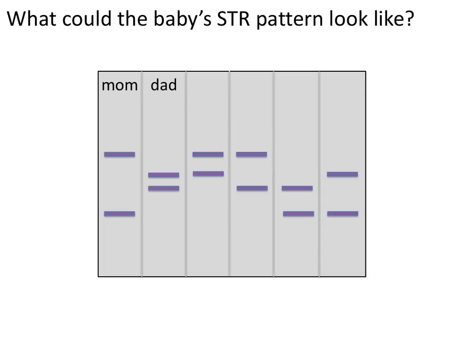Here we are with dad again, and here we have mom again. So mom is either this one or this one, and dad is either one of the 2, the lower one or the upper one.